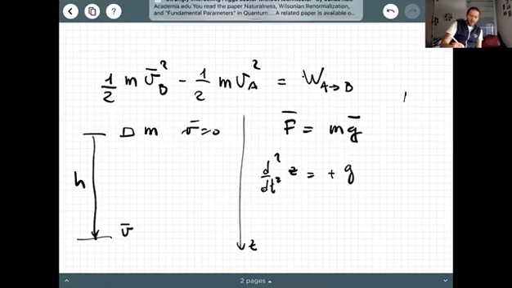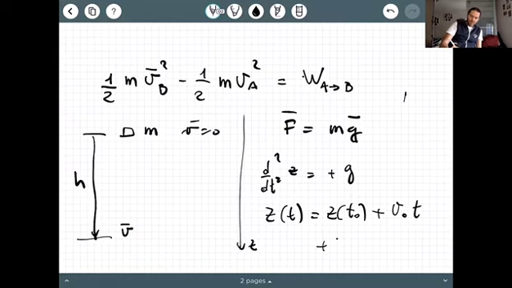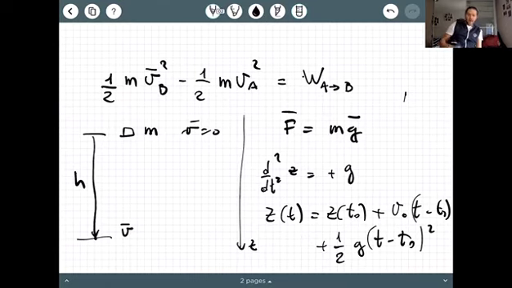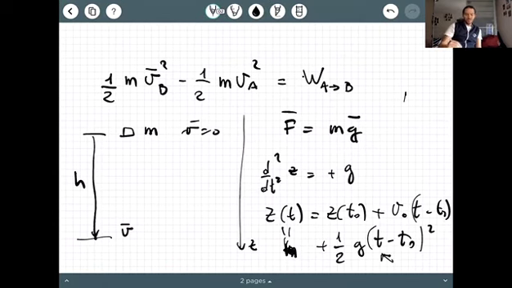And then I can solve this and get the famous z of t equals z of t naught plus the velocity at t naught times t, plus 1/2 g (t minus t naught) squared. Then I would set this equal to h. It's not h bar, so h. Then calculate what t gives me that h. And once I know what t gives me that h, then I calculate the derivative of z at that time.